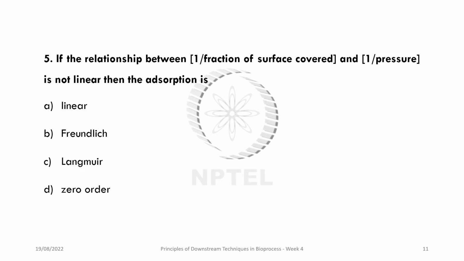Question 5. If the relationship between 1 by fraction of surface covered and 1 by pressure is not linear, then the adsorption is: A. Linear, B. Freundlich, C. Langmuir, and D. Zero order.